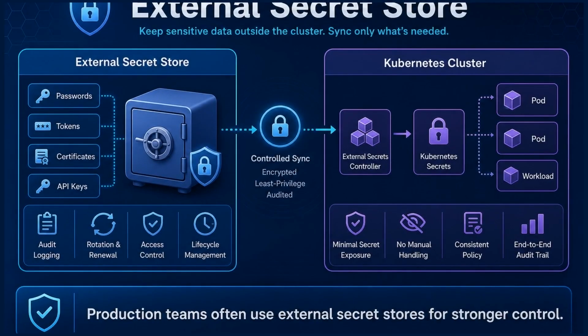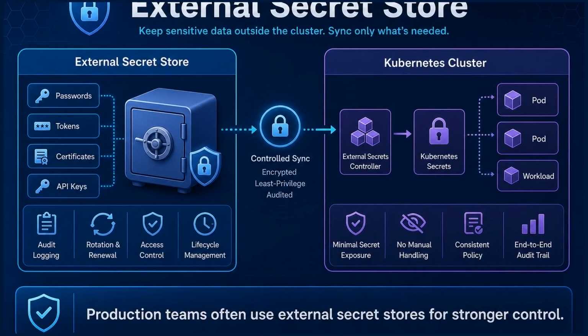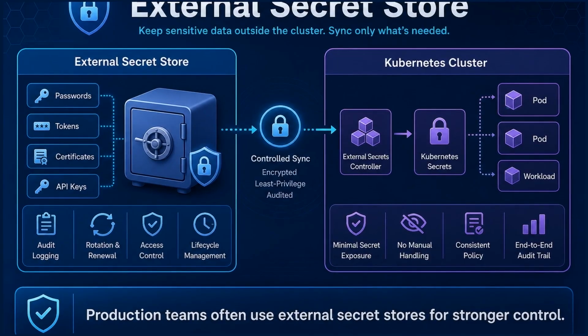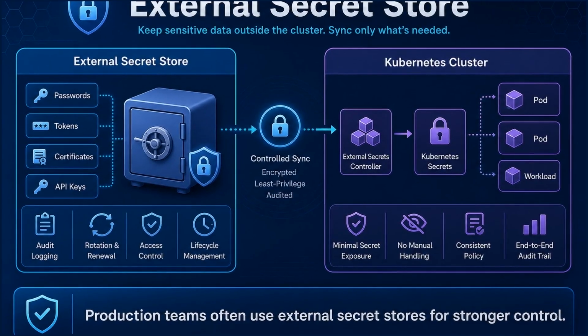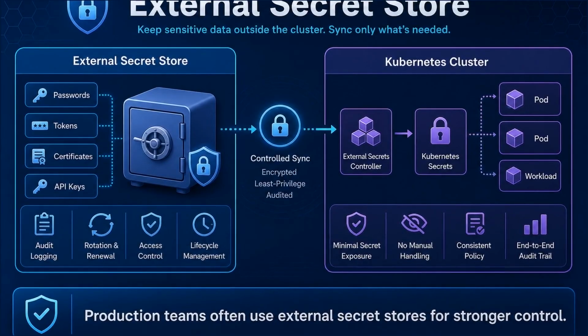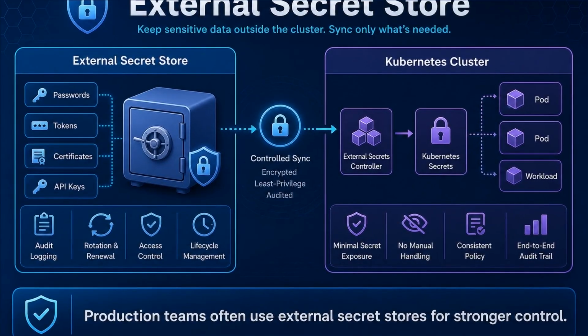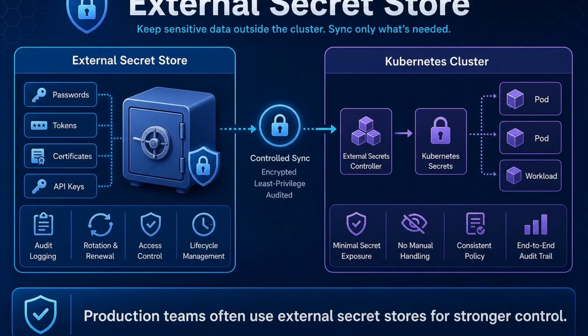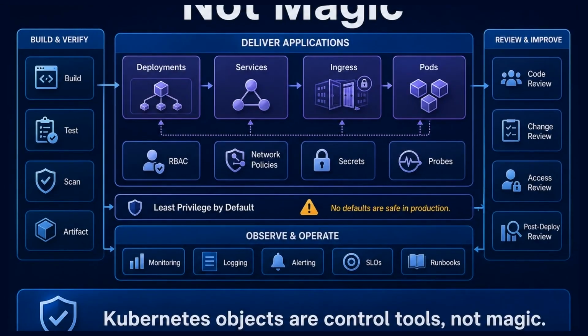Many production teams use systems like Vault, Cloud Secret Managers, External Secrets Operator, or similar tools so Kubernetes does not become the long-term source of truth for every secret value. This matters because sensitive data deserves lifecycle control, audit, rotation, and narrower exposure.